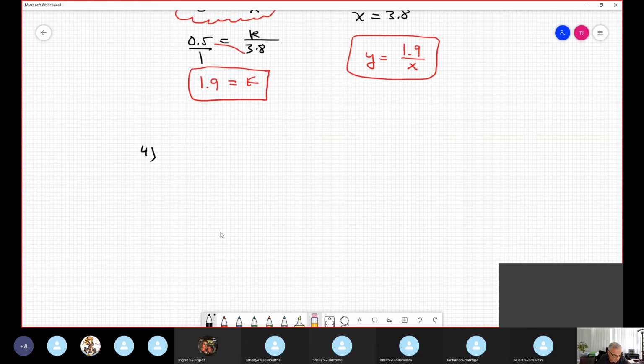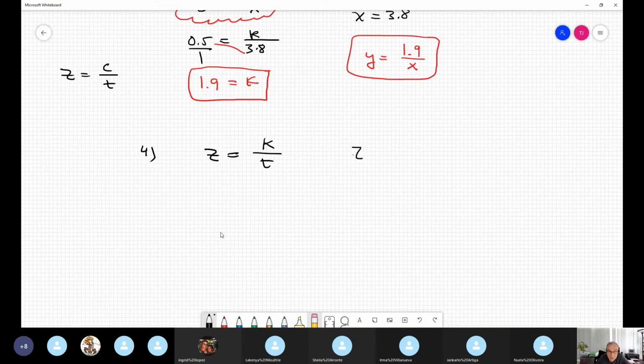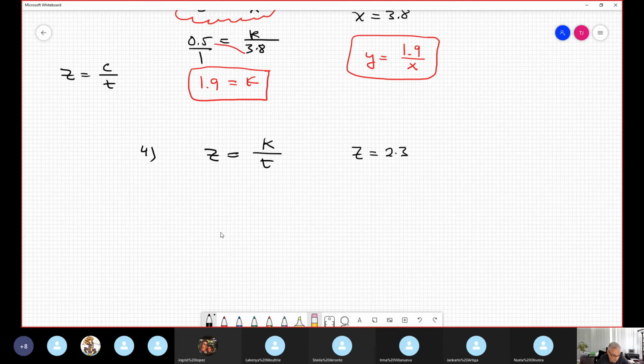You are a student. Suppose that z, now it's the name of the variable z, is inversely proportional to the t. This is a constant I want to call k. Some people call c. So you can set it out like that, c over t, or k over t, the letter you prefer. When c is 2.3, when t is 72.